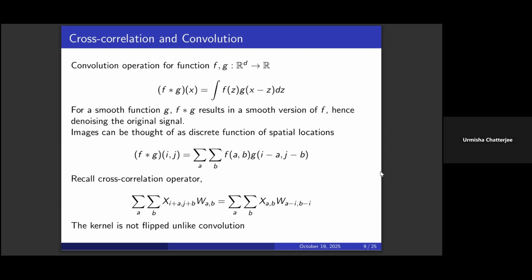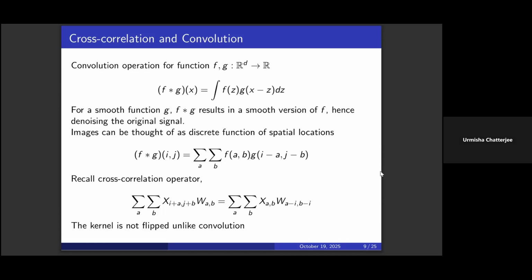You can see the integral for convolution. What convolution essentially does is, if you are given a smooth signal g and f is some signal, the convolution f star g provides a smoother version of f, or in other words it denoises the original signal.